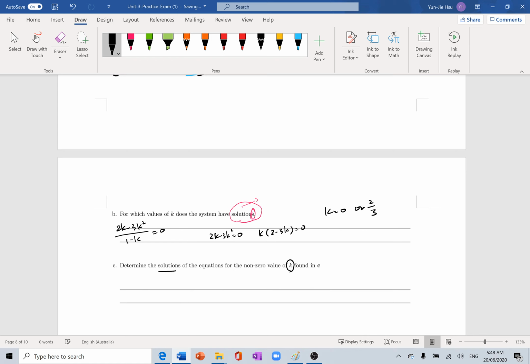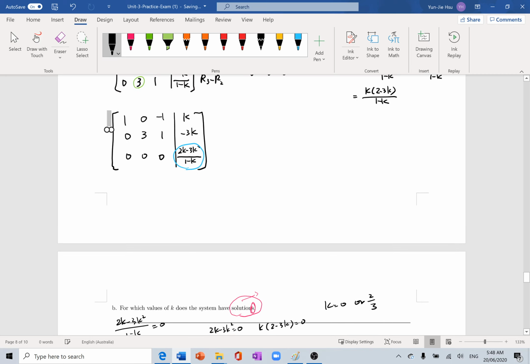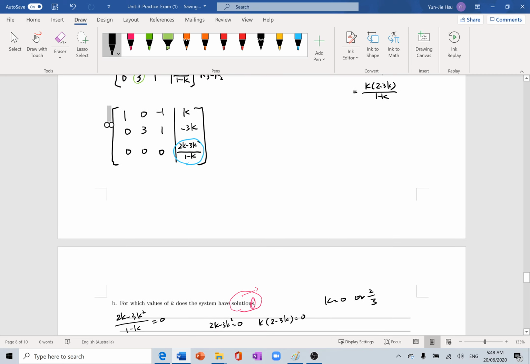Find the solutions. So it means when k equals 2 over 3, right? Okay, suppose k equals 2 over 3. So what do we get? It means x minus z equals 2 over 3.